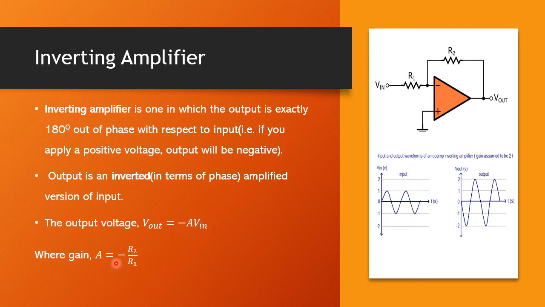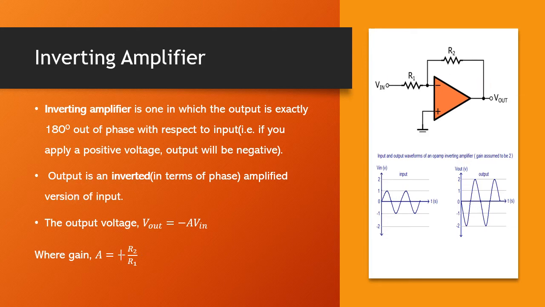This A is R2 by R1, and the minus is already represented. So the output is an inverted amplified version of the input.